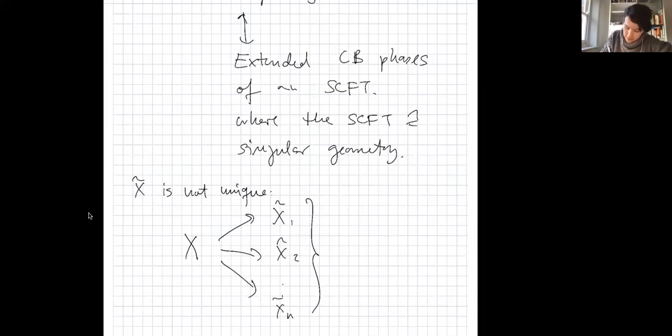So indeed, different resolutions of singularity of X are related by geometric transitions.